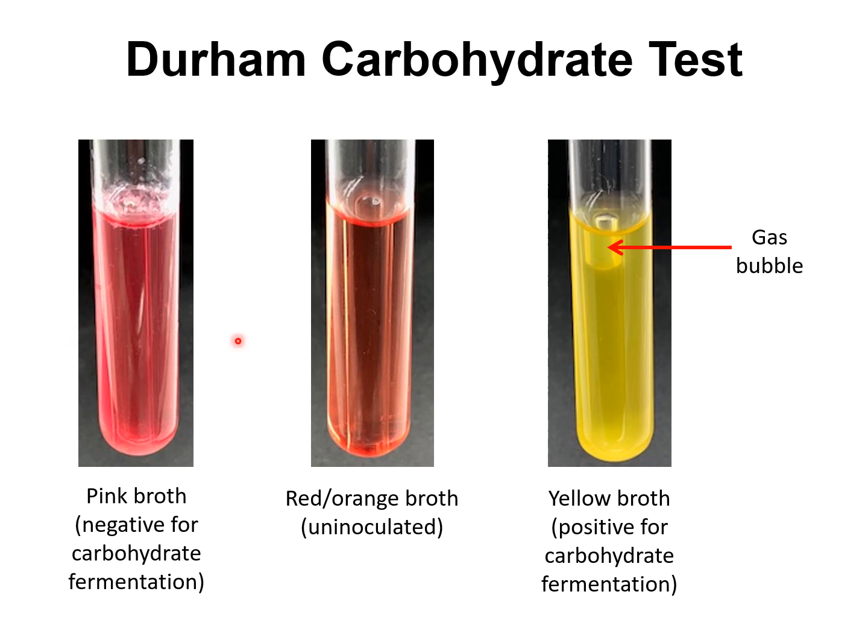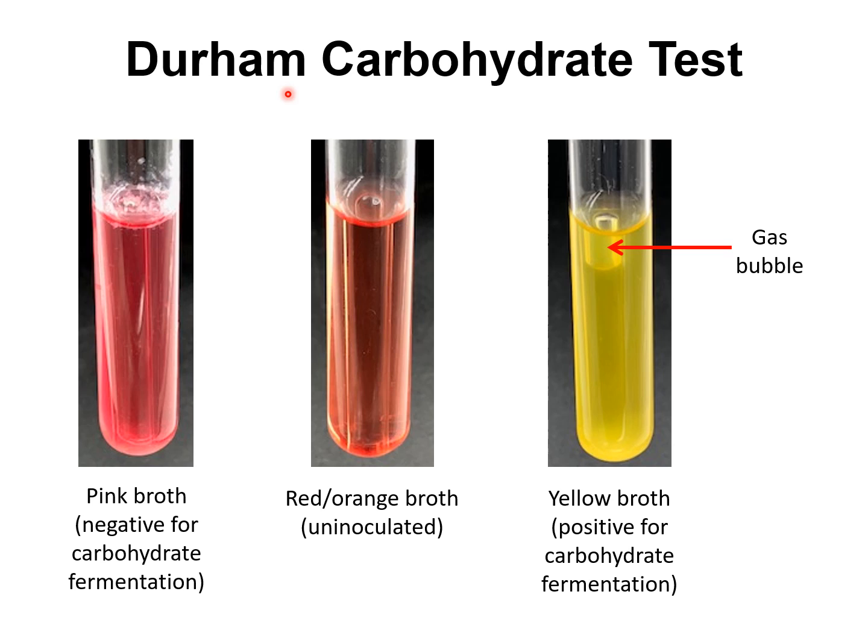Expect to interpret results like this if you are given a set of images. Expect also to be given an image and identify what test that is, okay? Just by looking at the image. If you see a Durham tube inside of a test tube, then you know right away that this is the Durham carbohydrate test.